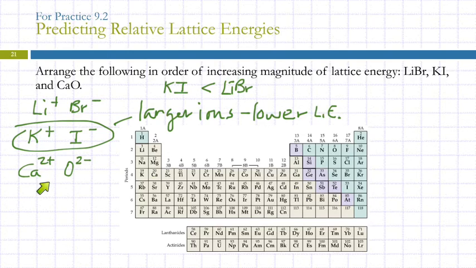So the calcium oxide is going to have a higher lattice energy than the lithium bromide because the charges are greater. Right? Because the energy is proportional to Q1Q2 divided by R. So here we've gone from Q1Q2 for lithium bromide is 1 times 1, plus 1 and minus 1. For calcium oxide, it's 4. That's going to overcome quite a bit of difference in the R. Any questions?